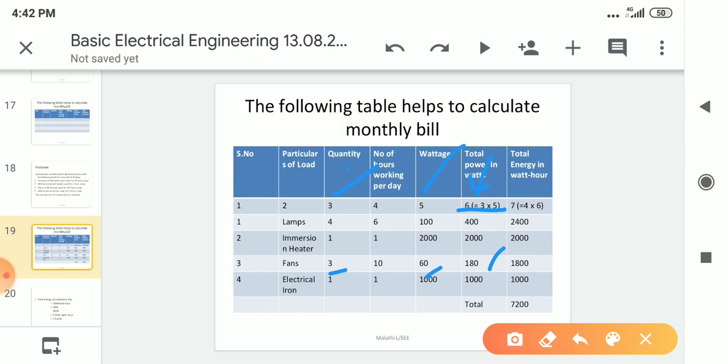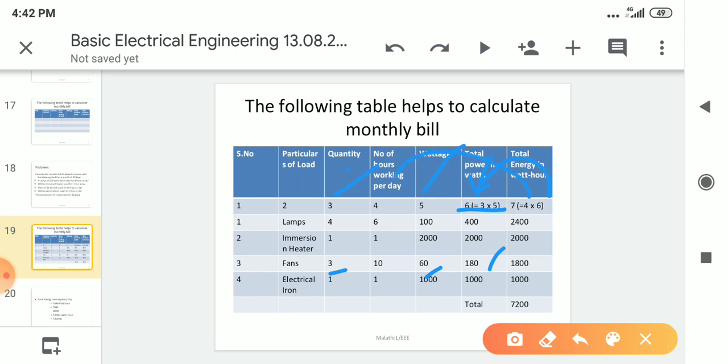Next, total energy in watt hours. Energy is equal to power into time. Here the power is in the 6th column, the wattage, into the time. The 4th column is time.